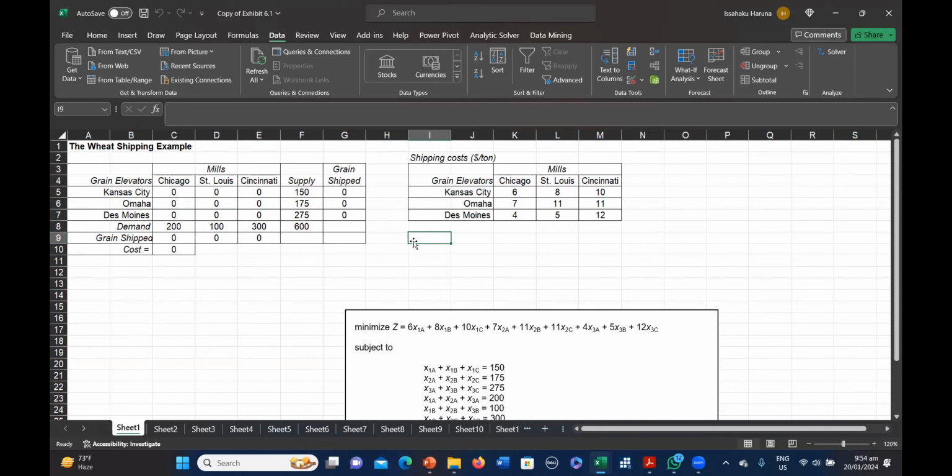If you look at transportation models, for instance, we are talking about a situation where goods have to be moved from sources to destinations. Now, the shipping costs, you just transpose directly from the question. You just type it from the question onto the Excel sheet.